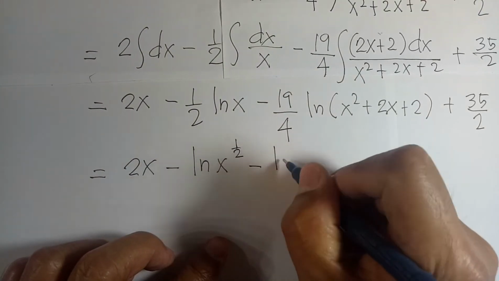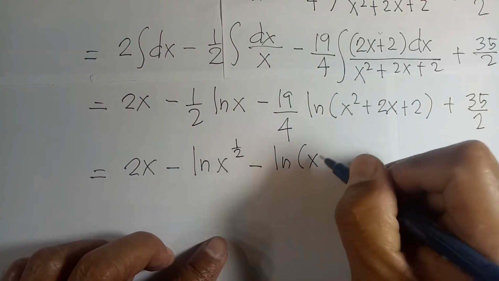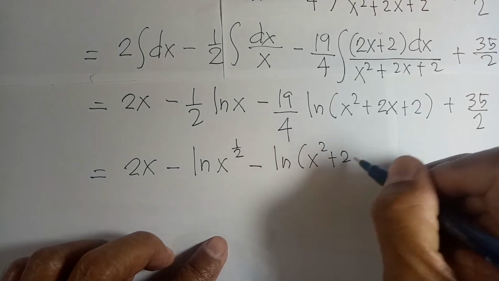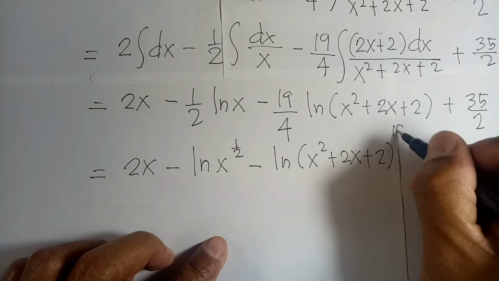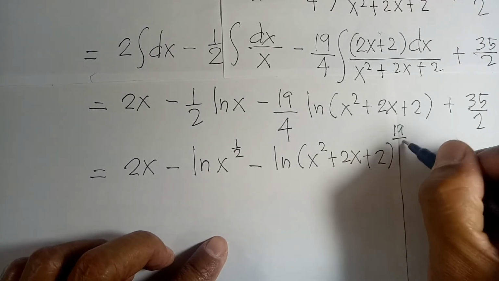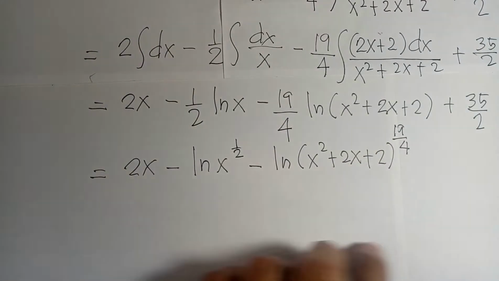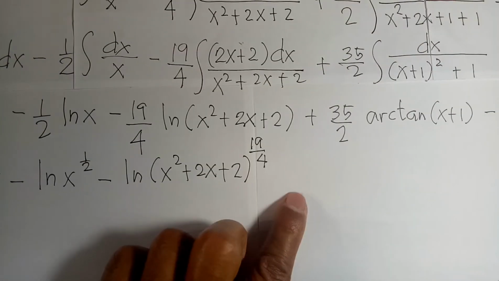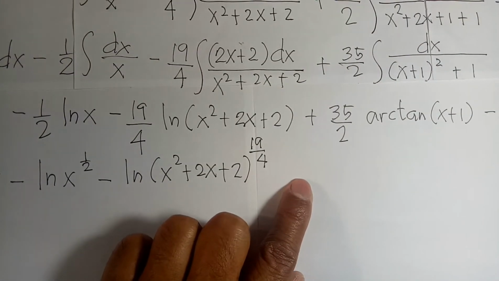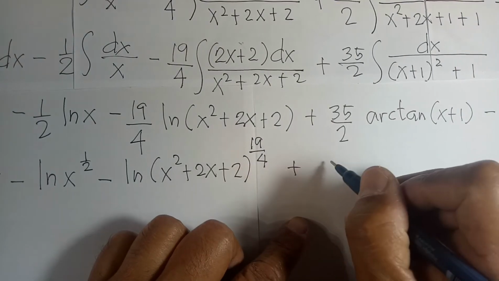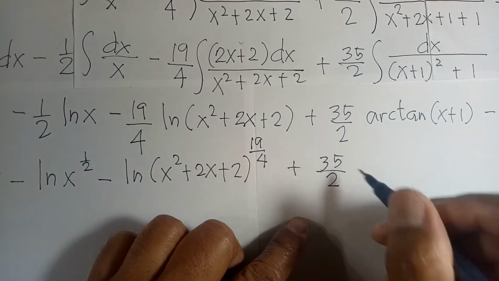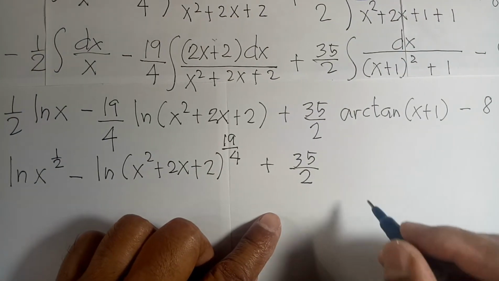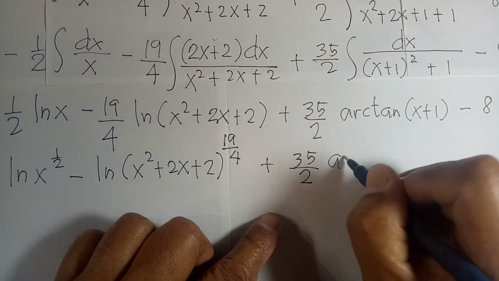So, magiging ln of x squared plus 2x plus 2 raised to 19/4. Ayan. And then, plus 35/2 arctangent of x plus 1.